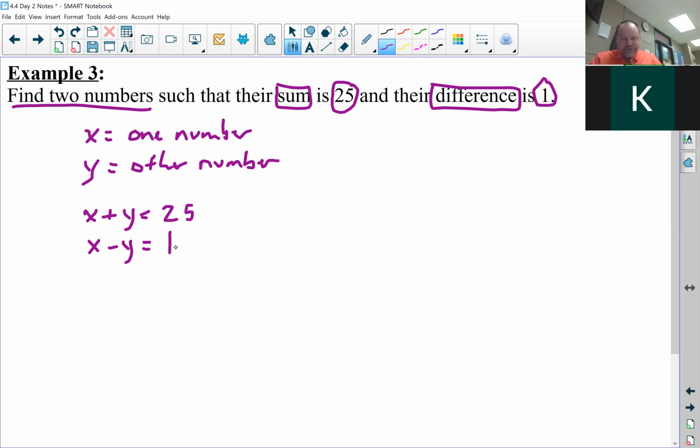Now the way that I've set up the two equations, x is actually going to represent my larger number, because if I take x minus y, I get a positive answer. It just happens that way. That's okay. Not a big deal.